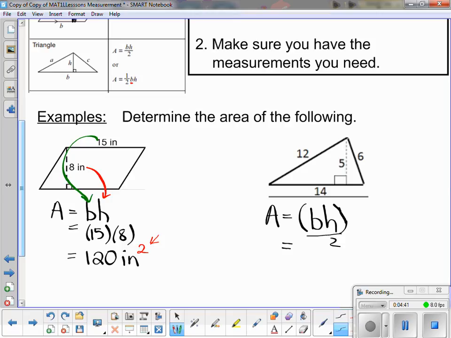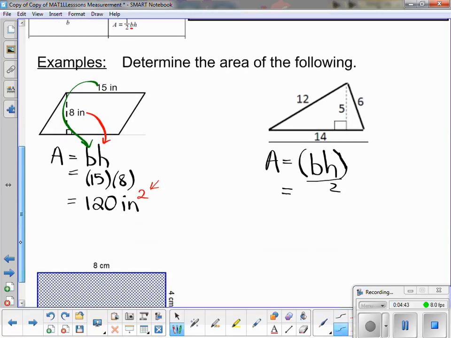If I substitute in my numbers, I have 14 as my base, my height is 5, and I'm going to divide it by 2. Again, I'm going to take out my calculator, and I'm going to end up with 35, and this time I don't know what my units are, so I'm going to put units, and remember it's squared because it's area.